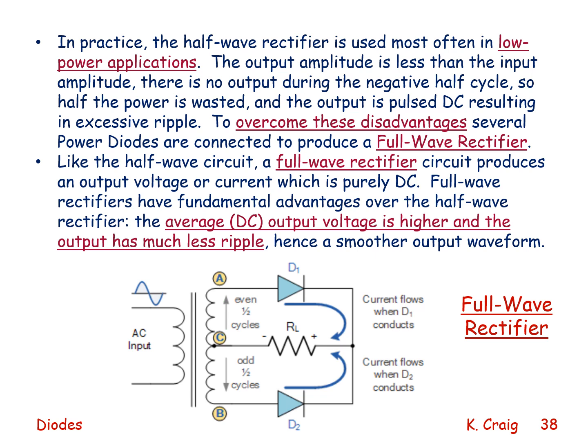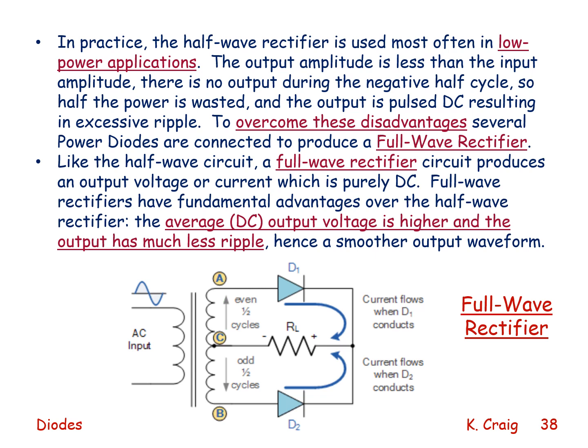In practice, the half-wave rectifier is used most often in low-power applications. The output amplitude is less than the input amplitude. There is no output during the negative half cycle, so half the power is wasted, and the output is pulsed DC, resulting in excessive ripple. To overcome these disadvantages, several power diodes are connected to produce a full-wave rectifier.